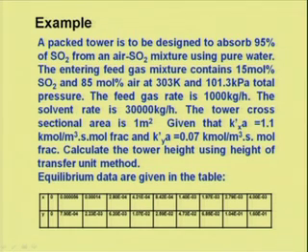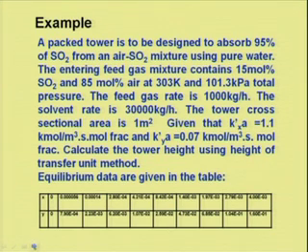The feed gas rate is given 1000 kg per hour. The solvent rate is also given 30,000 kg per hour. The tower cross sectional area is 1 meter square, and it is given that Kx a is 1.1 kmole per meter square second mole fraction, and Ky a is equal to 0.07 kmole per meter cube second in mole fraction. Calculate the tower height using height of transfer unit method.